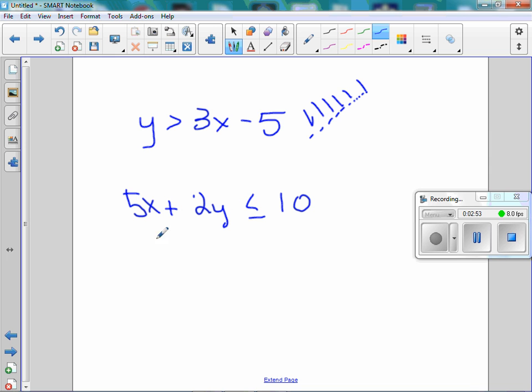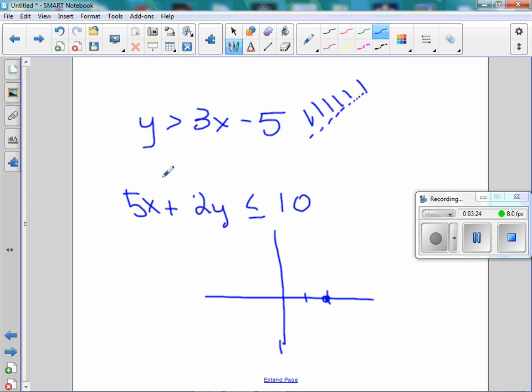Now, you can graph it and change it to y equals, or you can just use the intercept method, pick your 2 points and determine whether you're going to have a dotted line or a solid line. So I'm going to figure out the x-intercept by making y 0. So when y is 0, we know that x is 2. I'm going to go over 2, and I'm going to mark it.